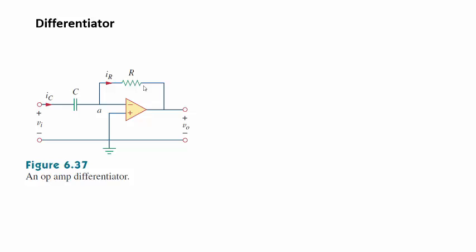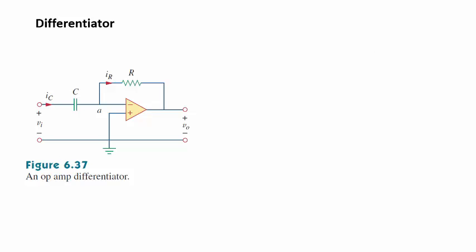The differentiator circuit also uses the inverting op-amp configuration, but instead has the capacitor on the input instead of the feedback position around the op-amp. But once again, we apply the same rules to analyze that circuit.